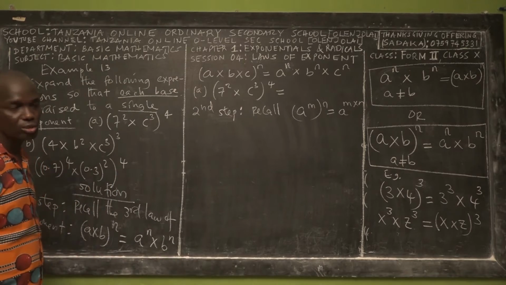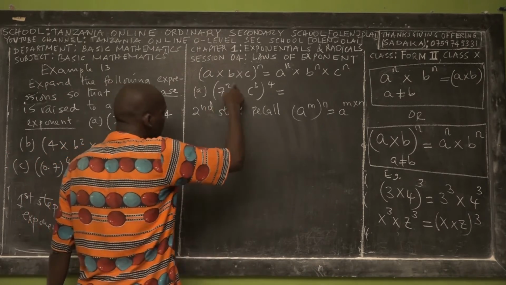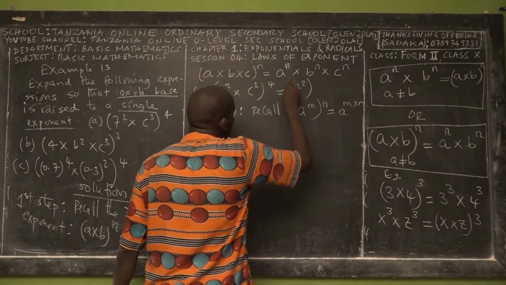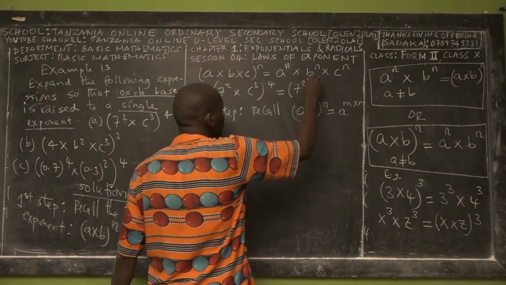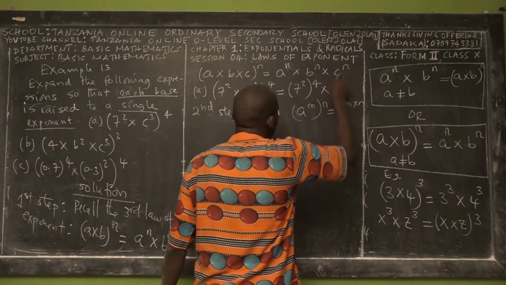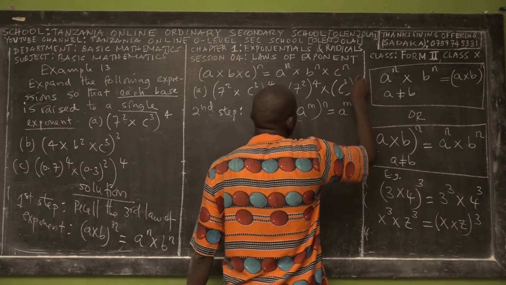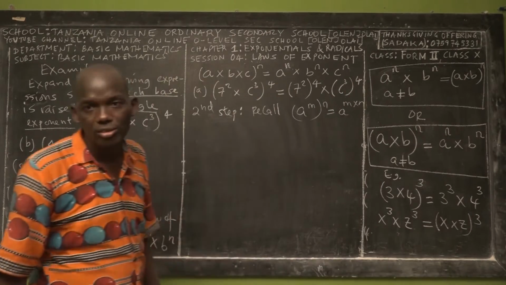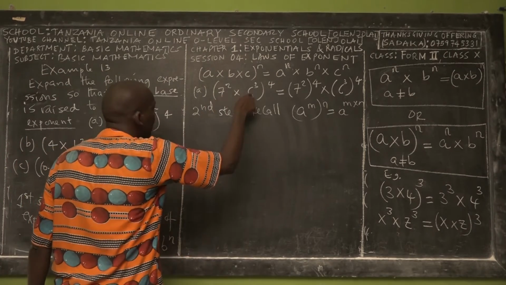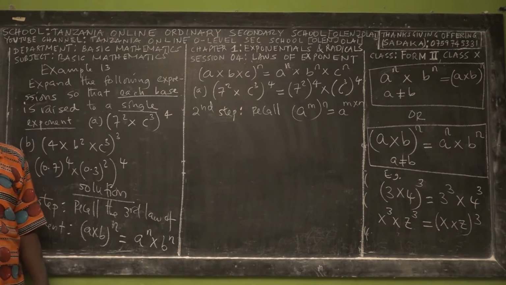Right? Yes. So let us apply the first law. Listen carefully. 7 power 2, but with exponent 4, multiplied by the next exponent, c power 3, power 4. Why? Because this is a certain exponent, but raised to 4. Are we together? Yes.